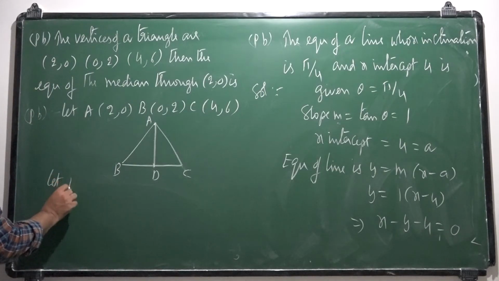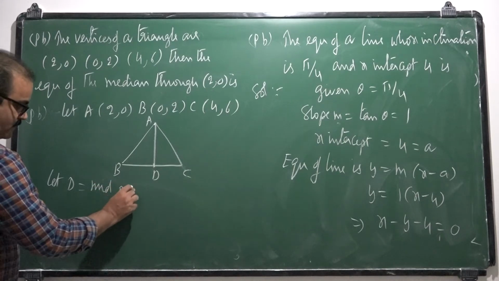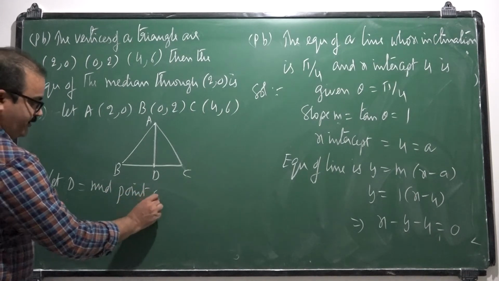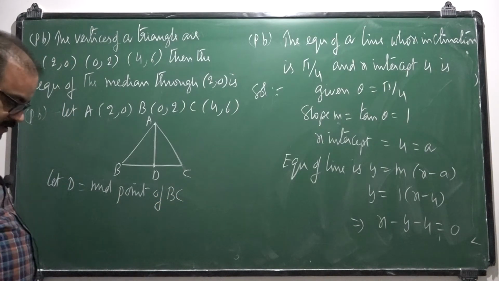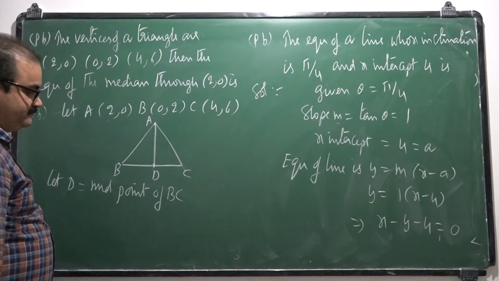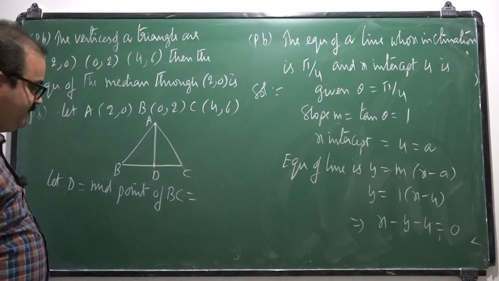Let D be the midpoint of BC. We know the formula to find midpoint. What is the formula to find midpoint?